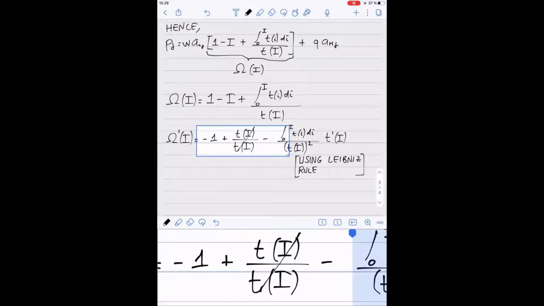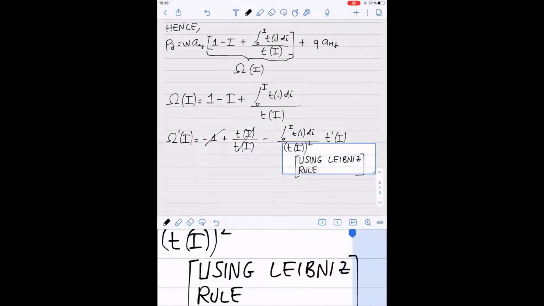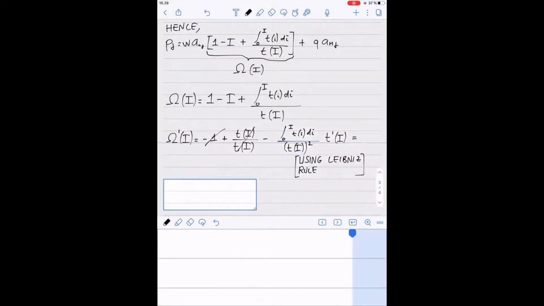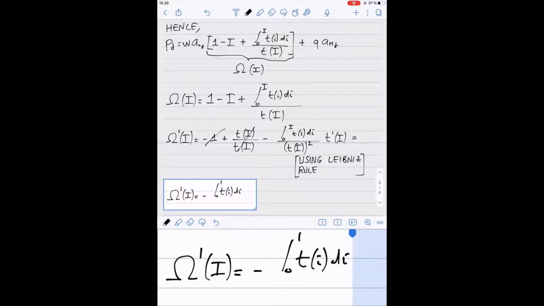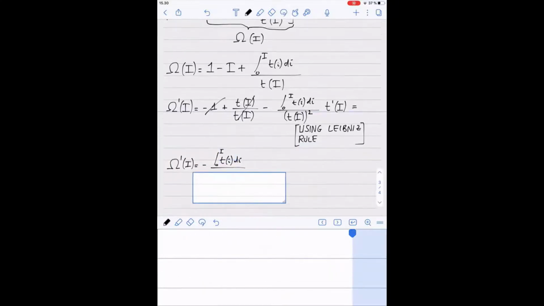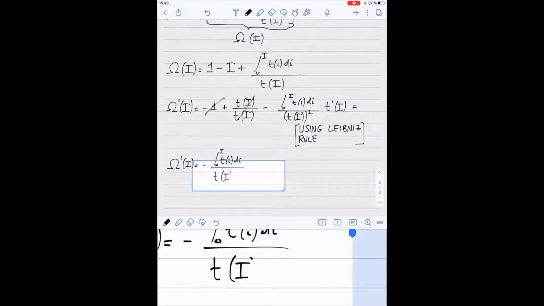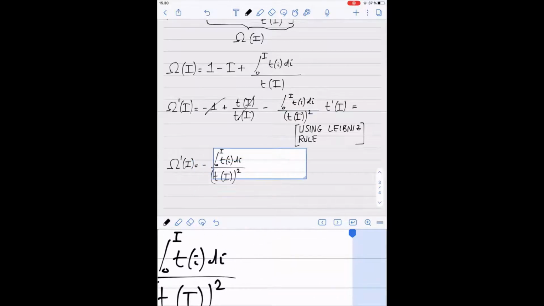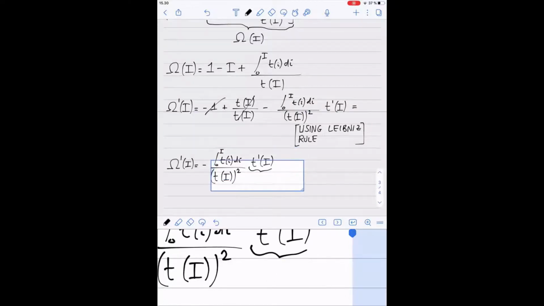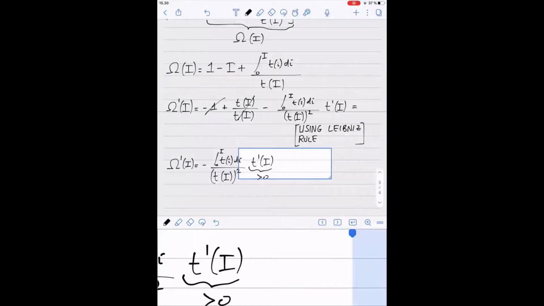So this is 1, this is minus 1, they cancel out, and so our derivative equals minus the integral of t i di from 0 to capital I over T of capital I squared times T prime of capital I. And we know that T prime is positive by assumption because we ordered the tasks by increasing offshoring costs. And so we know that this omega prime is actually negative.